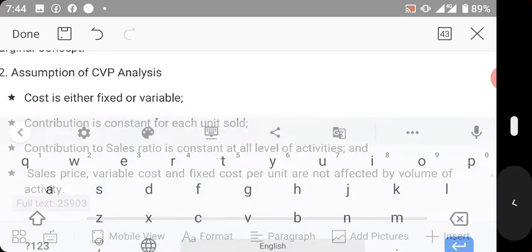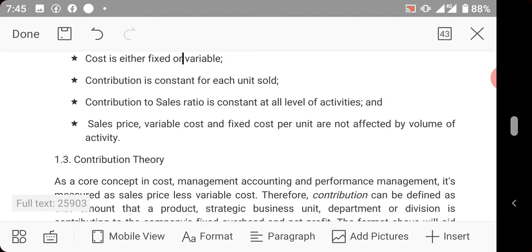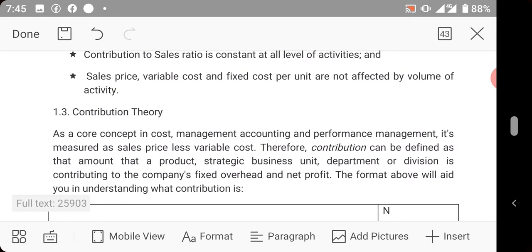You understand that these are the assumptions. Two, contribution is constant. Three, contribution to sales ratio is constant at all levels of activity. Sales price is constant and variable cost is constant, and there is only one line of product.